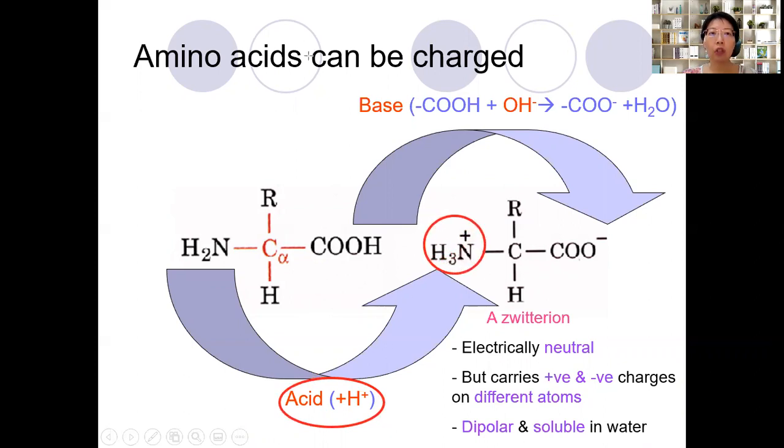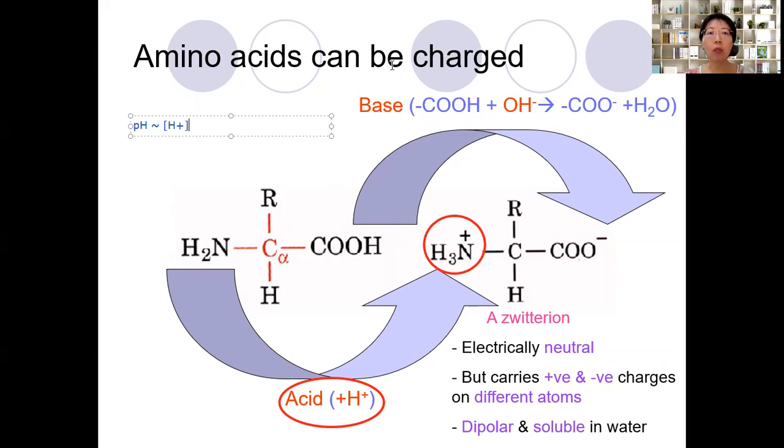So therefore, it will not change the pH of the solution, because the pH of the solution is actually proportional to the concentration of H+ in the solution. Once you add the H+ into the solution, the H+ has already reacted with the NH2 and it becomes NH3+. So this acid will not reduce the pH of the solution anymore.